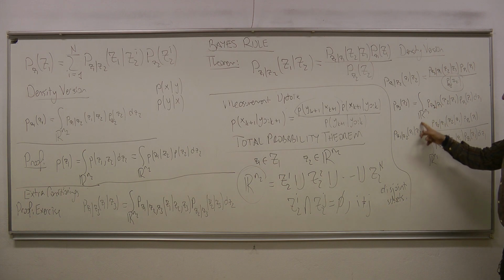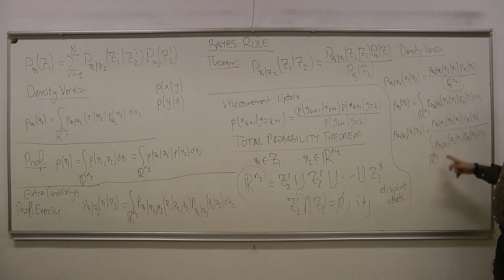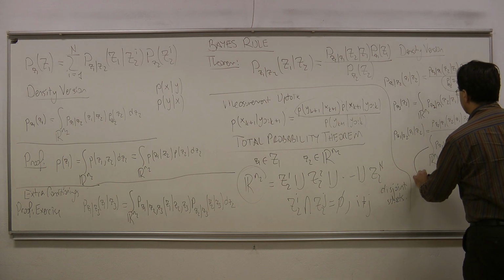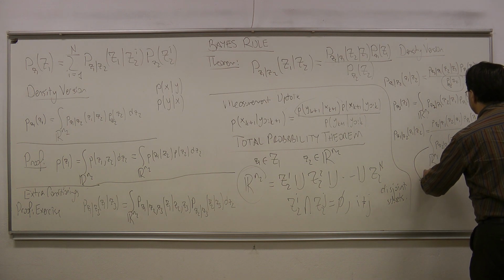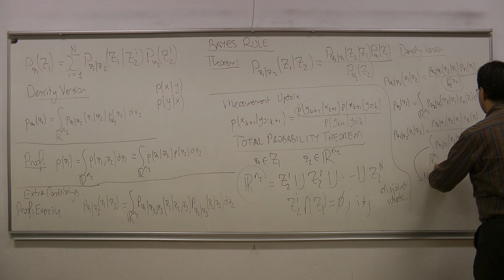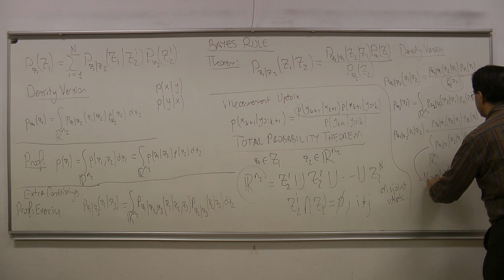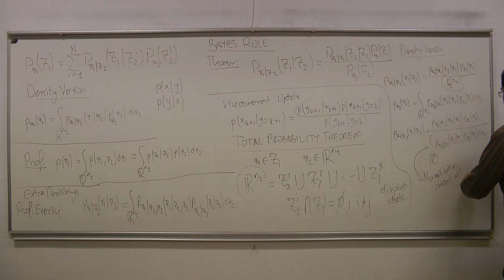When I integrate this overall ratio with respect to Z1, the numerator and denominator would cancel each other and the result would be 1. So this denominator is a constant with respect to Z1. Okay?